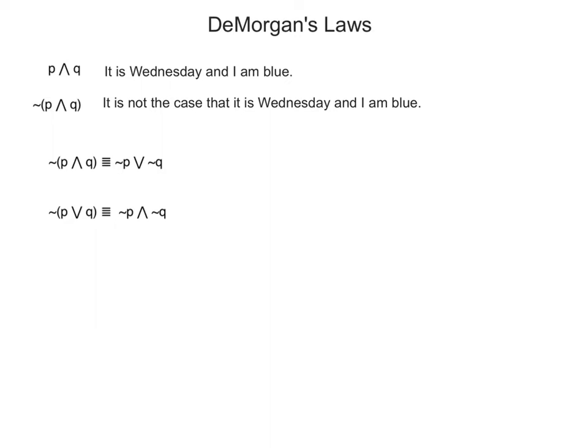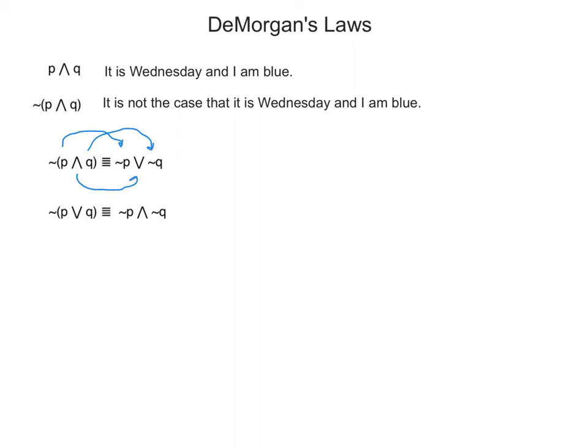So a few important things to point out. First of all, the negation on the outside of the parentheses acts in many ways the same way that a negative sign outside of a parentheses might act. What that means is it really negates everything that's inside the parentheses. So you can see, for example, the P becomes not P, the Q becomes not Q, and the and itself is also flipped and turns into an or.